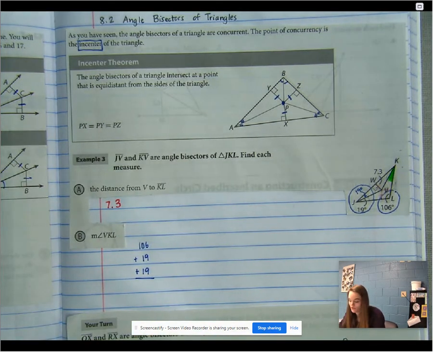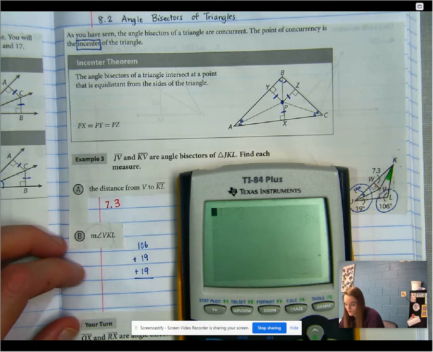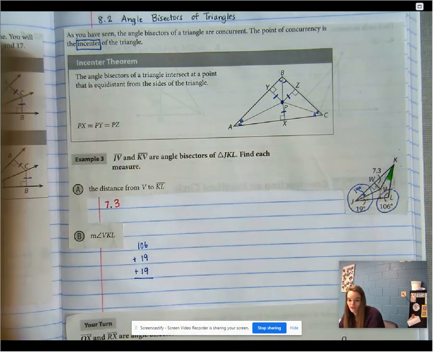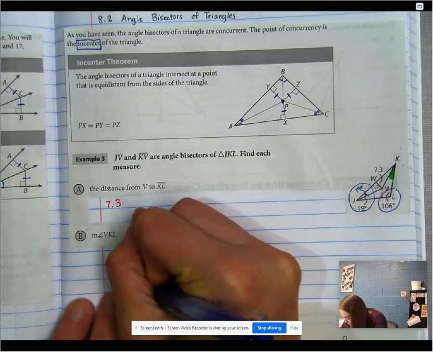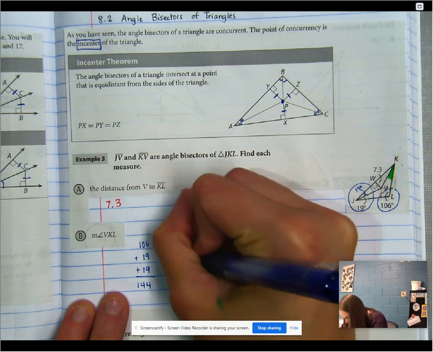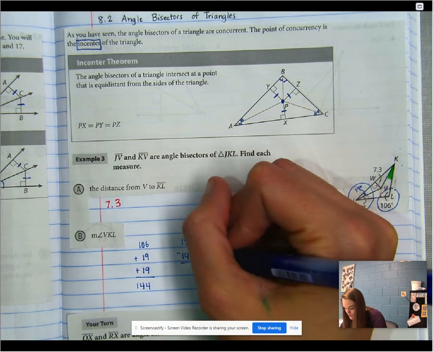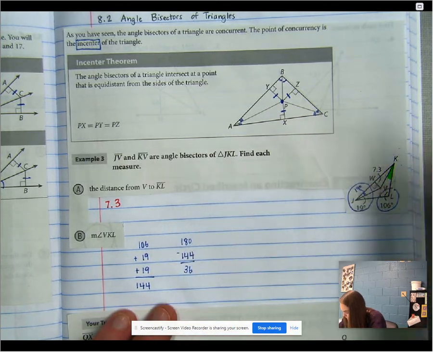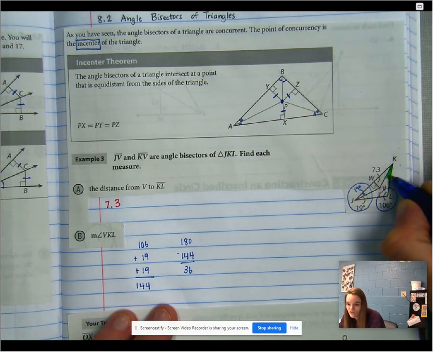I'm going to use a calculator because I make simple math mistakes. If you don't, well, that's amazing. I'm happy for you. 144. Now, 180 minus 144, 36. Now, that does not mean that this is 36 degrees.